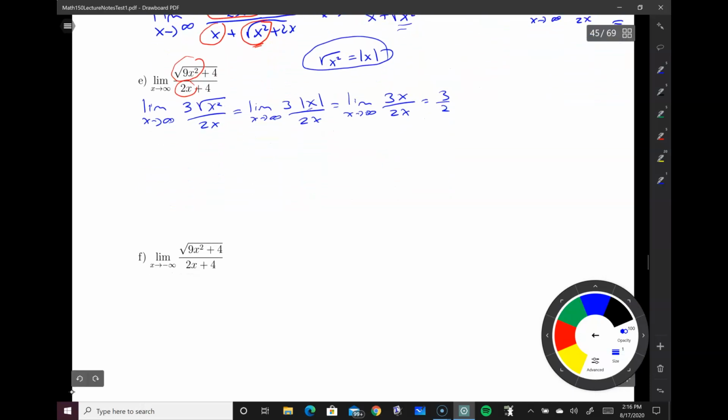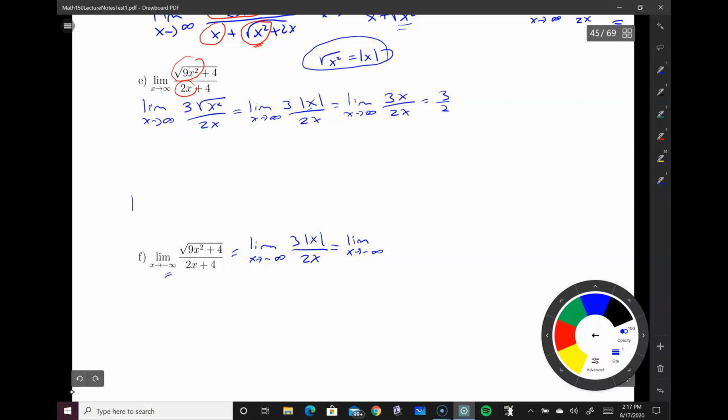This is the same problem, only I'm going towards negative infinity. So limit as x goes towards negative infinity, this would give me 3 absolute value of x over 2x, right? Just because I just did it up here, don't need to repeat every single step. I do need you to show me, okay, I'm taking the limit as x goes to negative infinity.